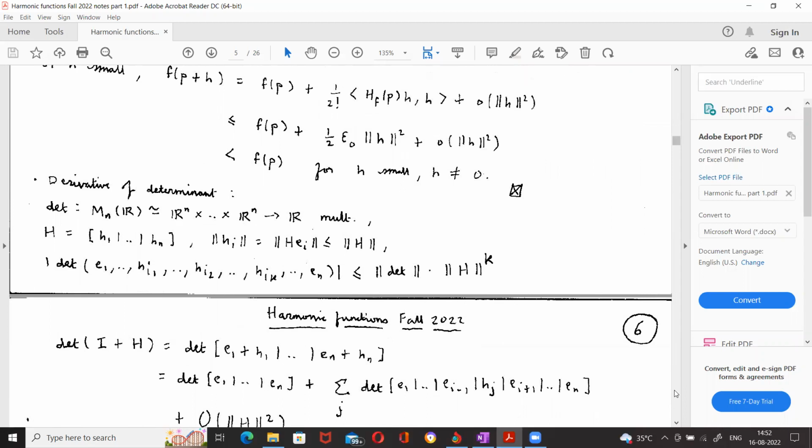multilinear maps which are close to the determinant. So the determinant is alternating. That means if I interchange two columns, then the determinant changes sign, right?